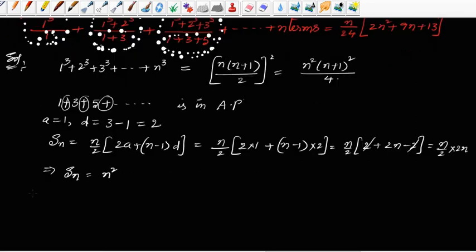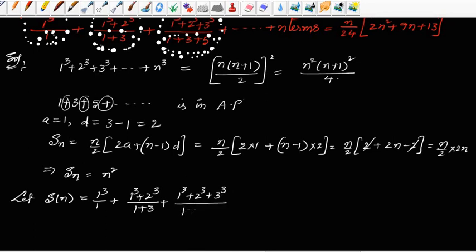Now let the statement S of n be our statement: 1 cube by 1, plus 1 cube plus 2 cube by 1 plus 3, plus 1 cube plus 2 cube plus 3 cube by 1 plus 3 plus 5, and so on up to the nth term. The nth term is this one by this one.